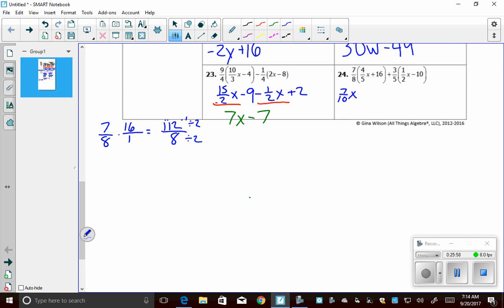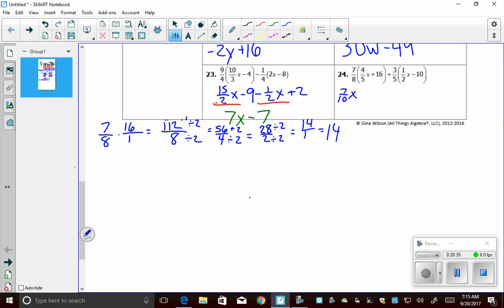Okay, so 112 divided by 2 is going to give me 56 over 4. Well, they can be divided by 2 again, so we just keep going. 56 divided by 2 is going to give me 28 over 2. And if I divide by 2 again, I'm going to get 14 over 1. Well, looky there.